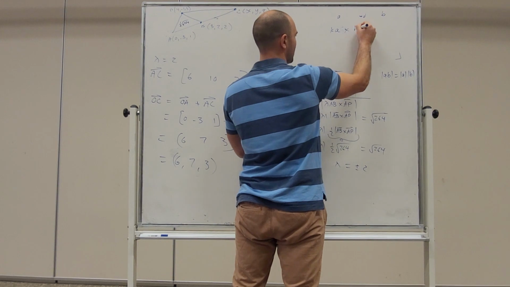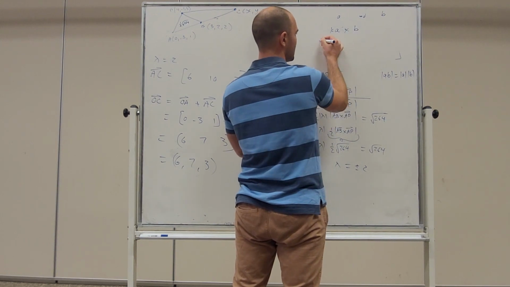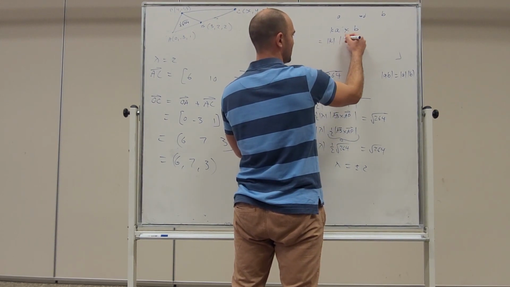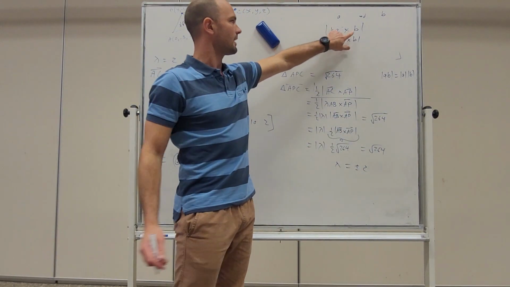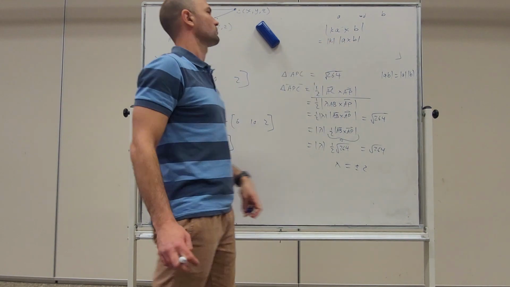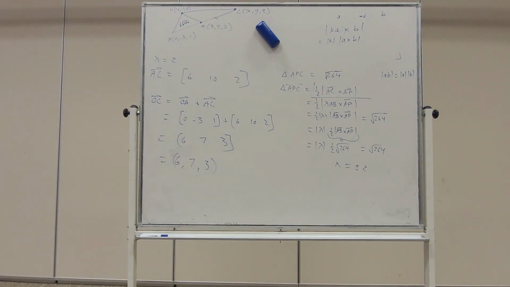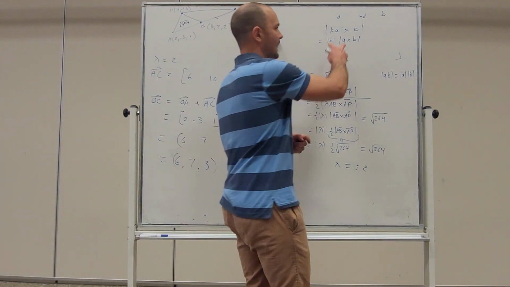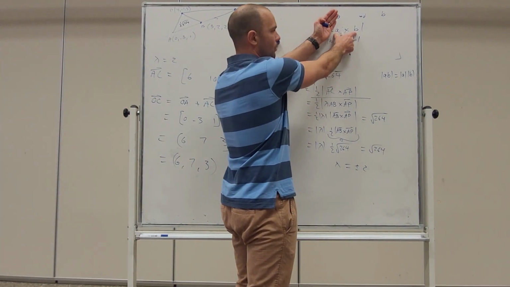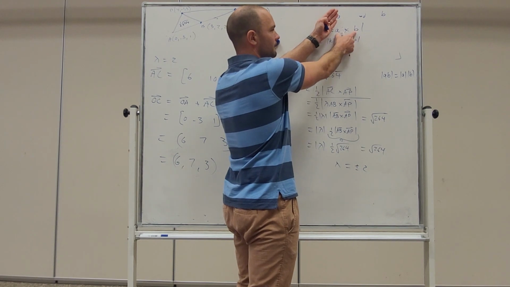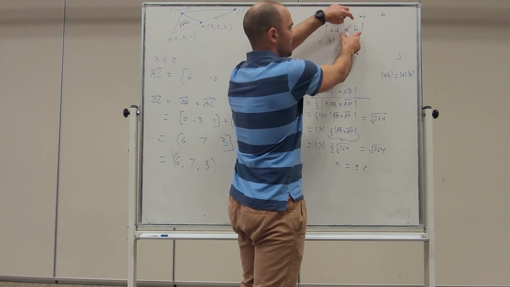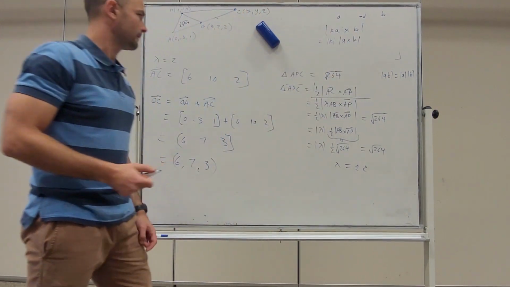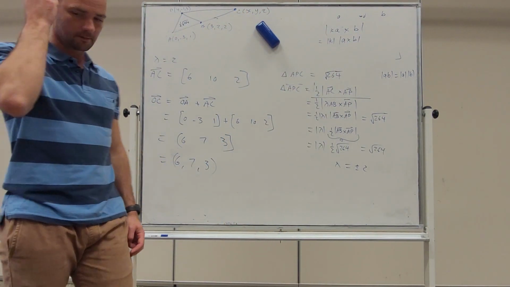So if we have KA cross B, it's equal to the modulus of KA cross B, which is modulus of K, modulus of A cross B. We can pull it out the front. Don't think of it in terms of factorizing, because cross product is more akin to multiplication than it is to factorization. So it's like K times A times B. So we're just pulling it out the front rather than factorizing.